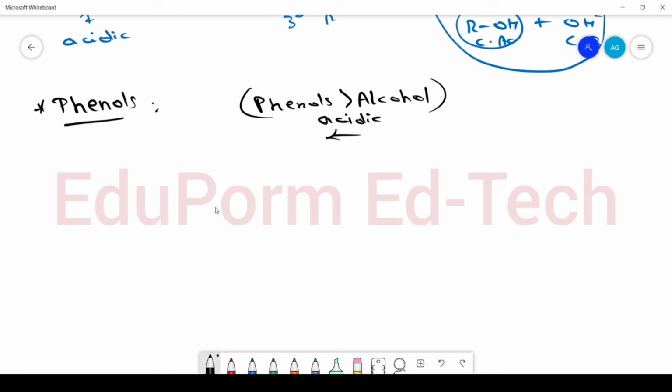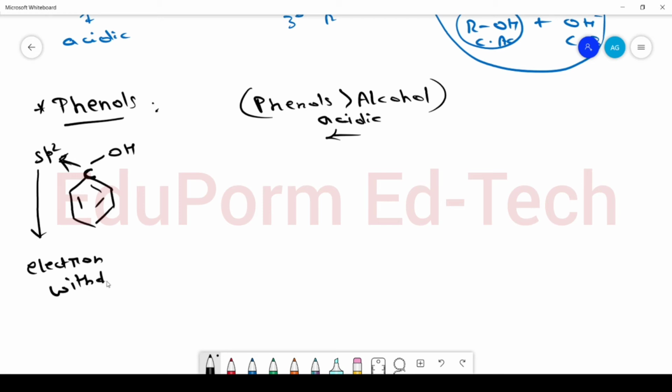and the reason is that in case of phenol, the hydroxyl group is attached to a carbon atom which is sp2 hybridized. This carbon atom of the benzene ring is sp2 hybridized, so this sp2 hybridized carbon acts as an electron withdrawing group.